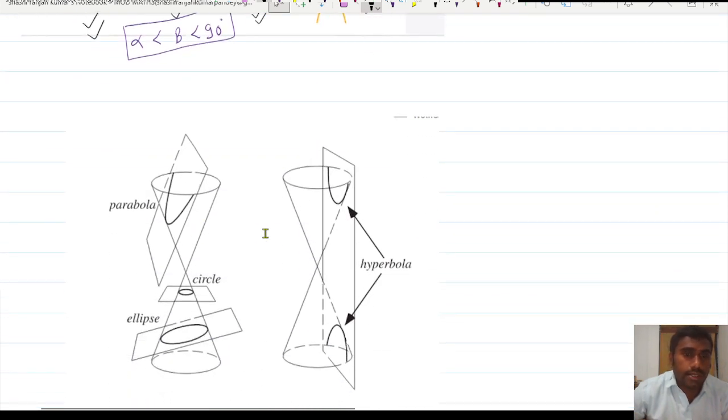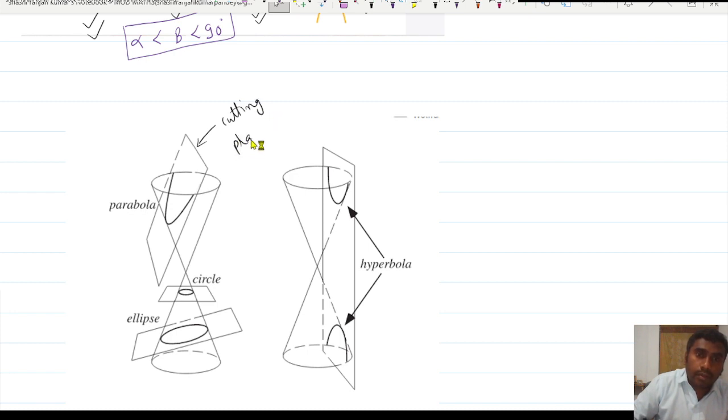This is the same visual here. This is your cutting plane, and this is your circle. If the angle is 90 degrees, you can see, this is your axis, this angle is alpha, and the angle between them is 90 degrees, that is beta equals 90 degrees.